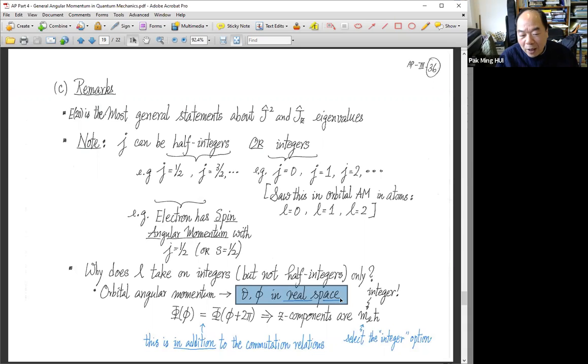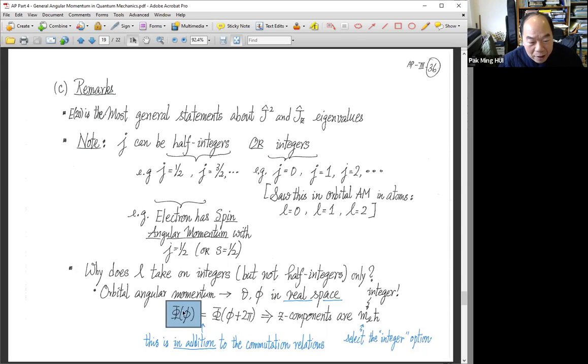The particular one is the single valued requirement. When the phi angle, you start with somewhere, turn 2 pi back to the same place, the single valuedness of the wave function requires that the phi function, after you add 2 pi to the angle phi, must go back to the same value.